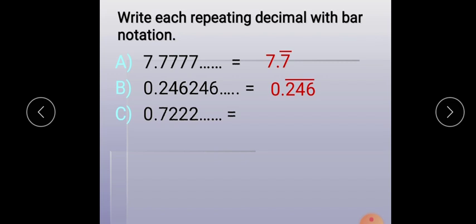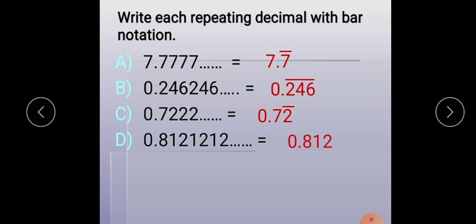0.7222. We can see only 2 is repeating, so we can write 0.7 and bar over 2. 0.812, 1 2 and 1 2. If you observe carefully, 1 2 is repeating, so we can write 0.8 and bar over 1 2. Last ones, 4.12123.